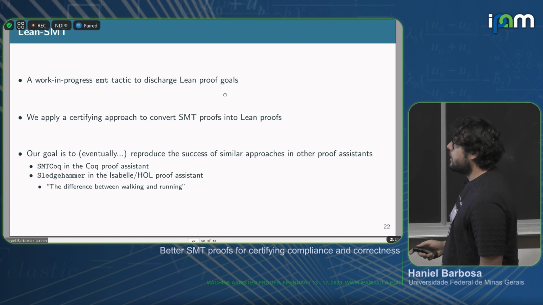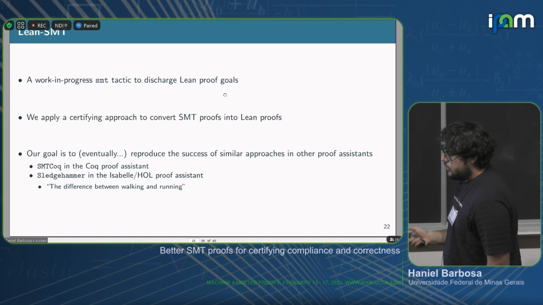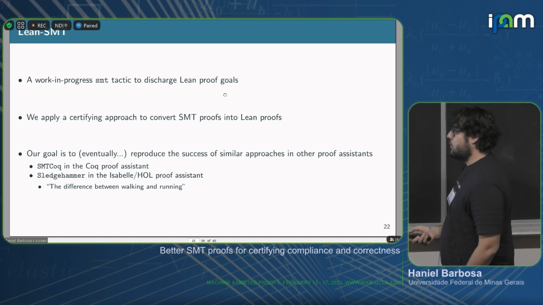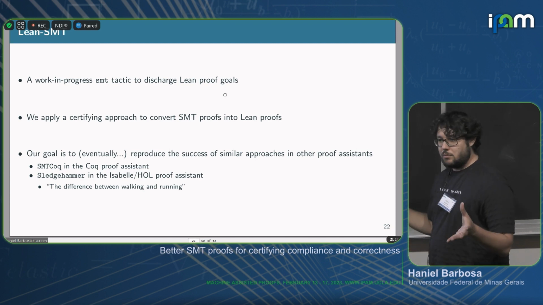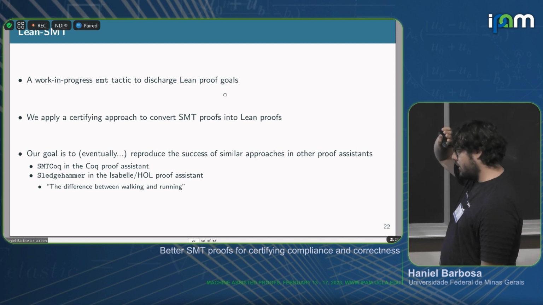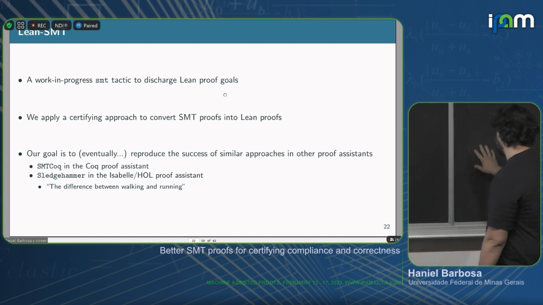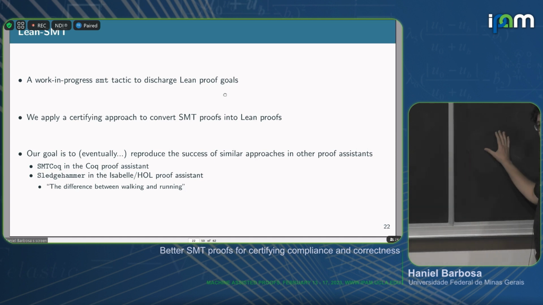and then you can discharge automatically the given goal. So in Isabelle/HOL, Sledgehammer, as people have said, there is a quote by somebody that I don't remember, said in a slide by somebody else, that it's the difference between walking and running. It's that idea that when you're using a proof assistant, there are things that are obvious to you that you wanted the system to get automatically, and it will not.